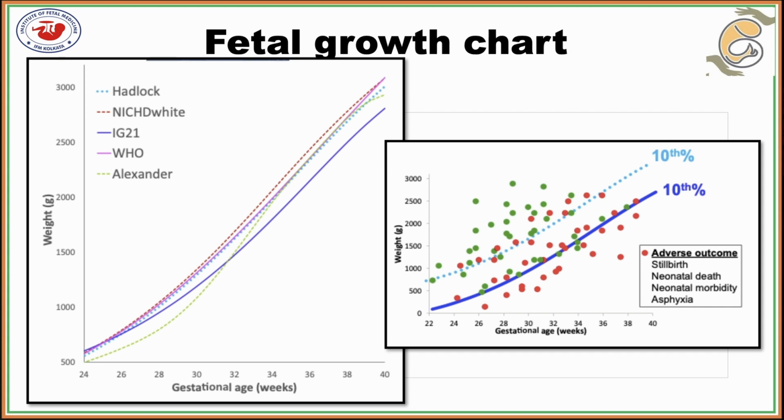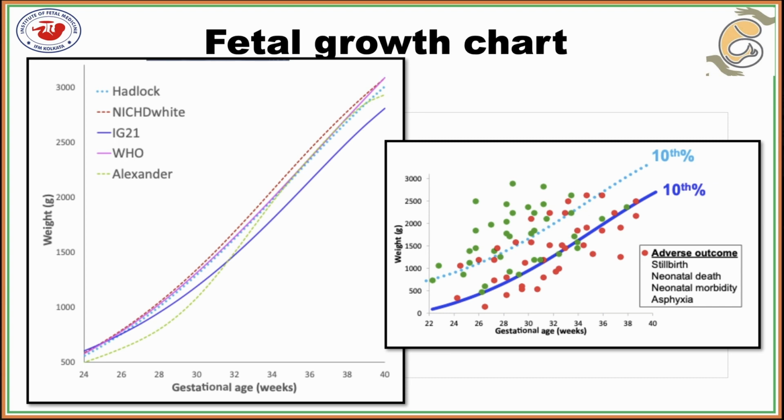Now, how do I say which is better, which is best, or which is worse? If you see this paper, this dotted 10th percentile line is on the higher side, and this solid 10th percentile line is lower. So these red dots are all adverse outcomes.